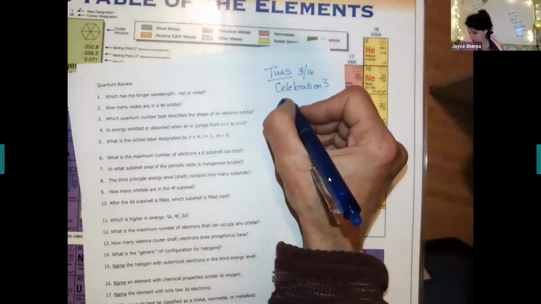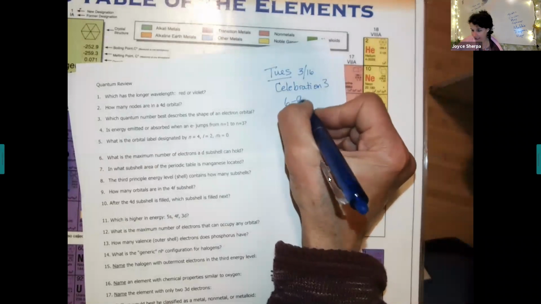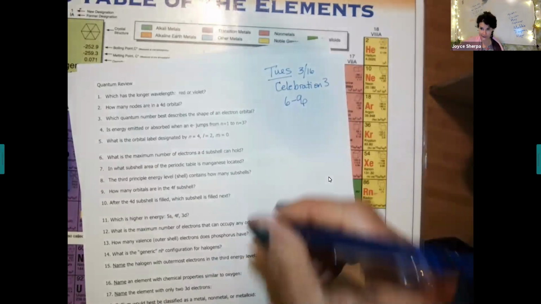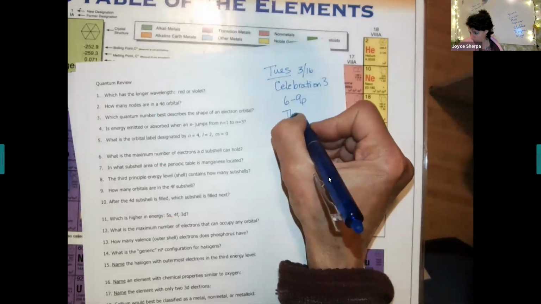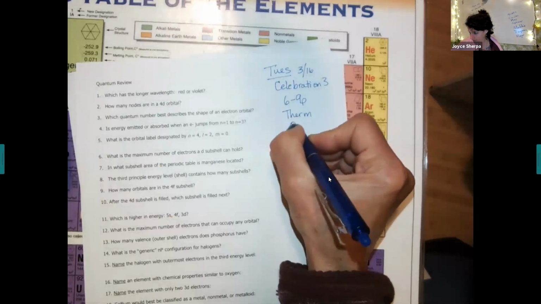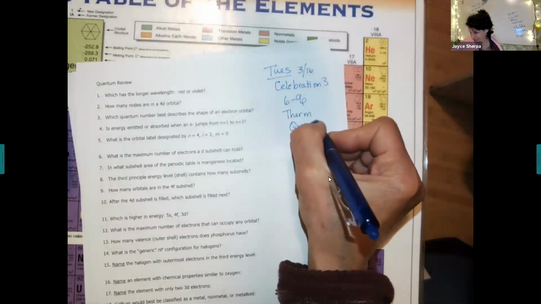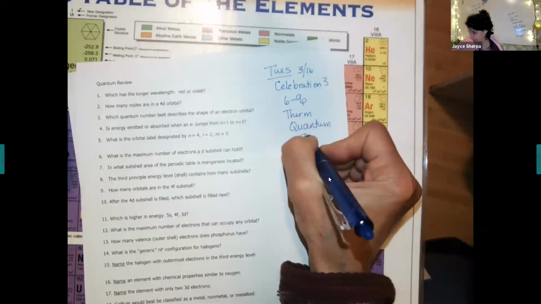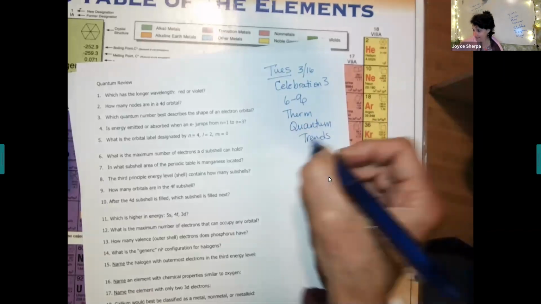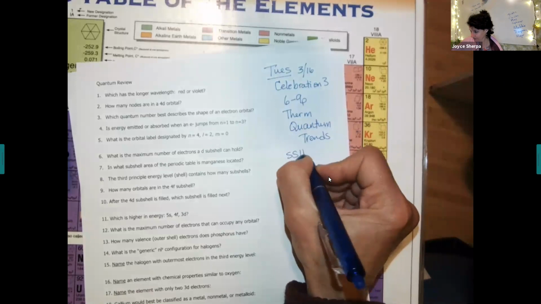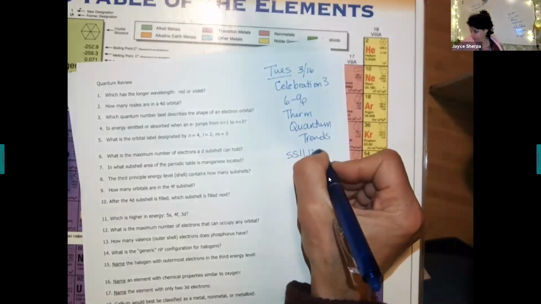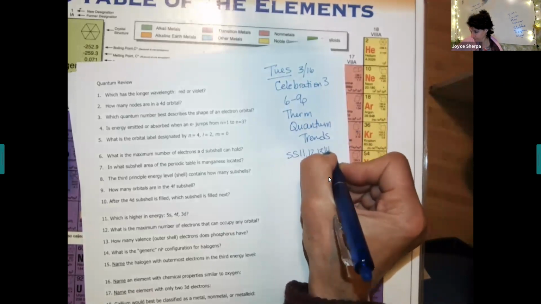And it's going to be similar format, so 6 to 9 p.m. It will show up. I'll be on Zoom. It is over thermo, quantum, and the trends. We'll have just a little section on them. So that is study sets 11, 12, 13, 14, and 15.